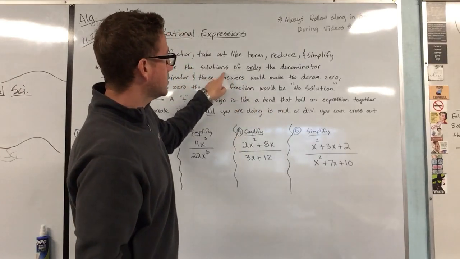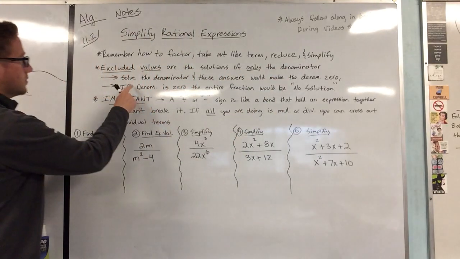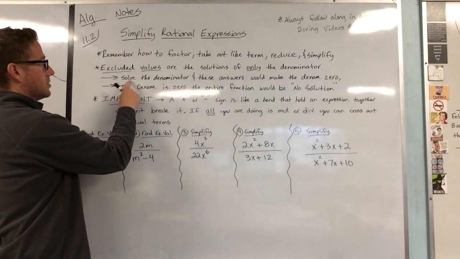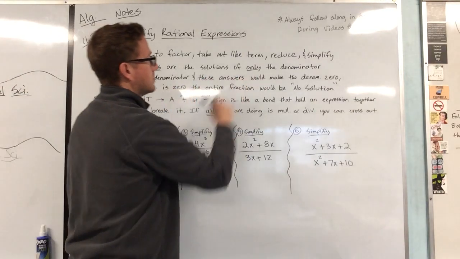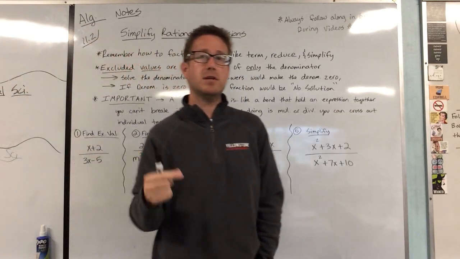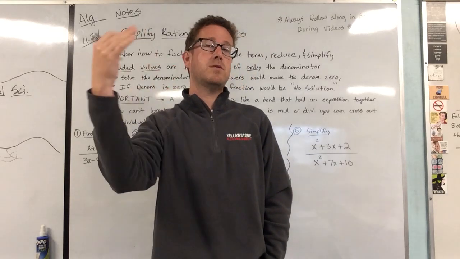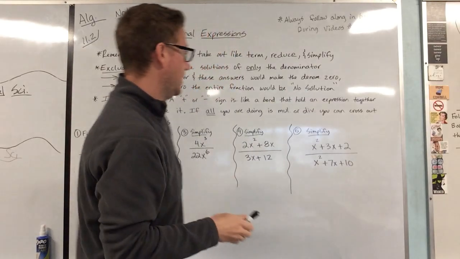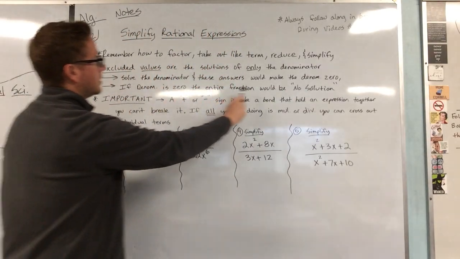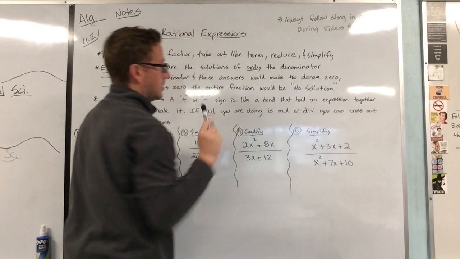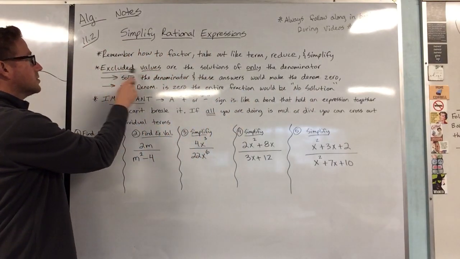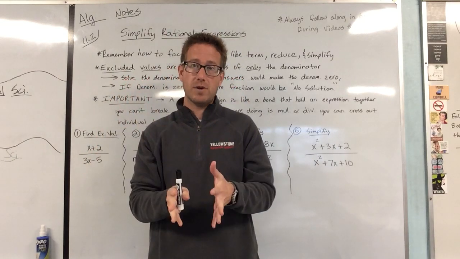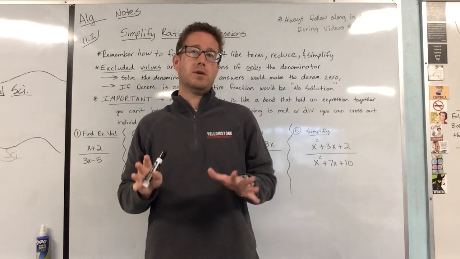When you solve just the denominator, these answers would make the denominator equal to 0. And if you ever make a denominator 0 in a fraction, that equals no solution. That's why they are called excluded values, meaning if you ever got those values for an answer, it wouldn't work in the equation.